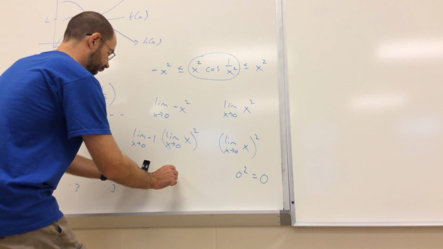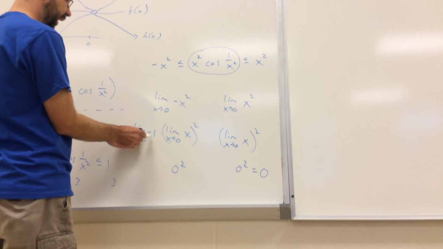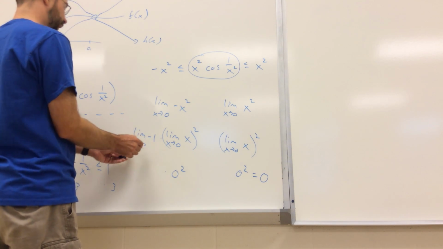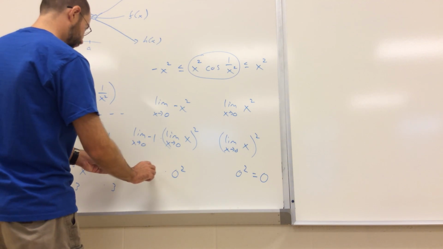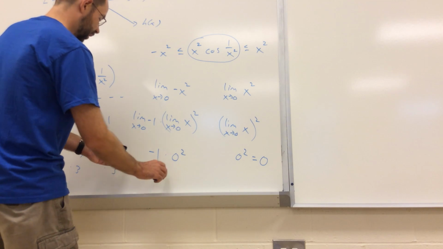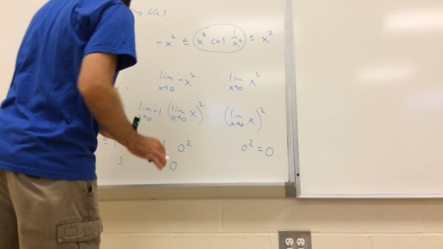This limit is 0, right? Just did it over there. This function always spits out negative 1. So if I plug in 0.1, it spits out negative 1. If I plug in 0.01, it spits out negative 1. So those are getting close to negative 1. 0 squared is 0. 0 times negative 1 is 0. So that's good news, because these limits are equal to each other.